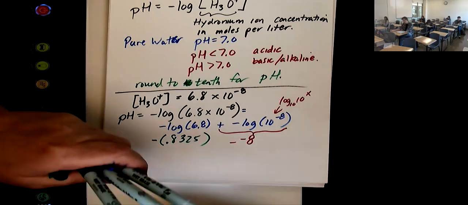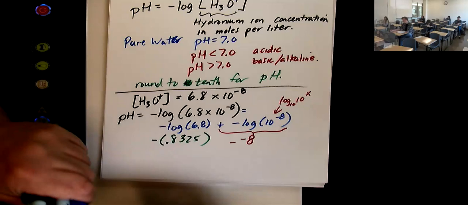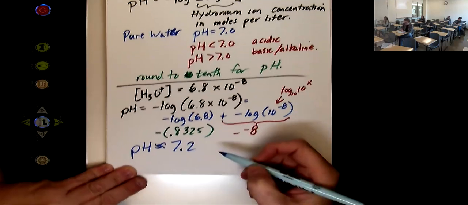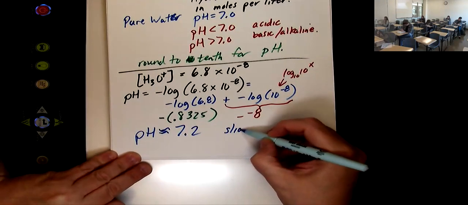And so when you add this all up and you round to one decimal place, the pH is approximately 7.2. So slightly alkaline.